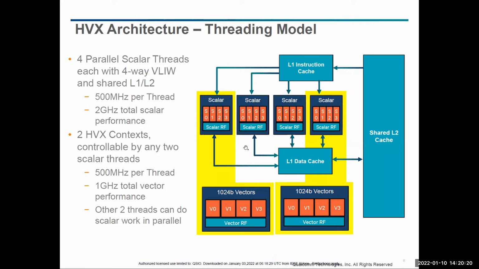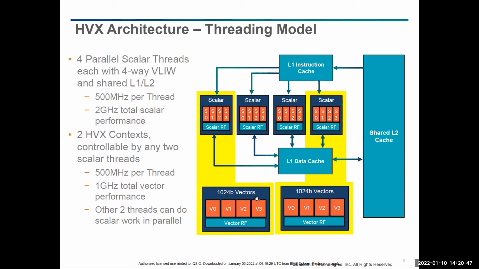And one more thing that I want to highlight here. Each thread gets about 500 megahertz of clock. If we take into account 2 HVX contexts, we get a total of 1 gigahertz of vector performance from the HVX engine. As I mentioned earlier, in one cycle we can process 4096 bytes of memory.